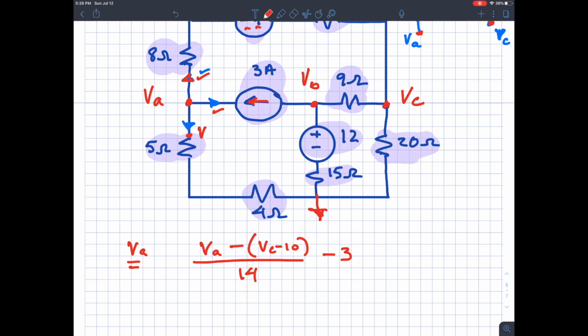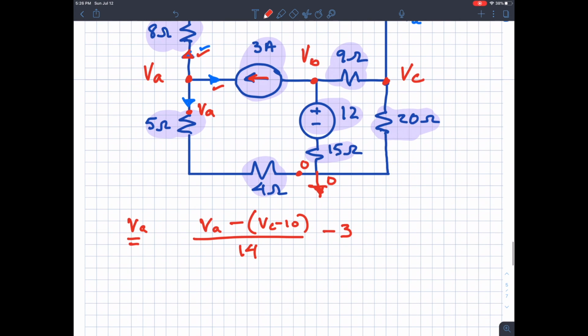I have an equivalent resistance here of 9 ohms, and this would be 0 volts. So what I would have next is VA minus 0 over the equivalent resistance, which is 9, equals 0. There's the first node equation at node VA.